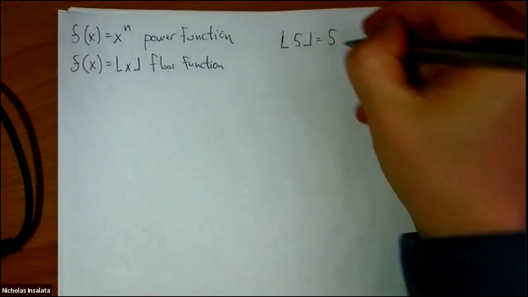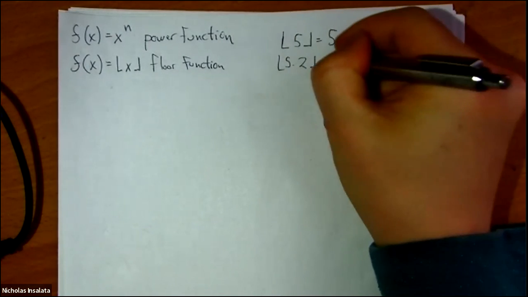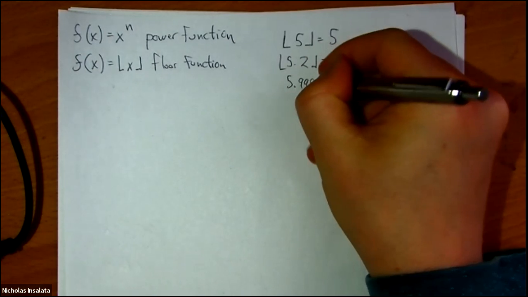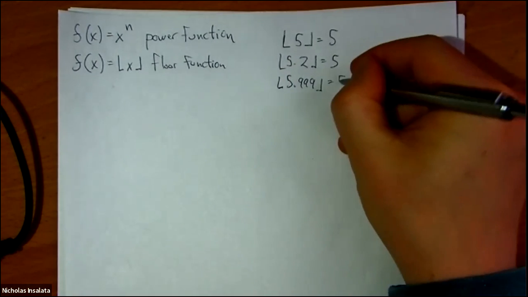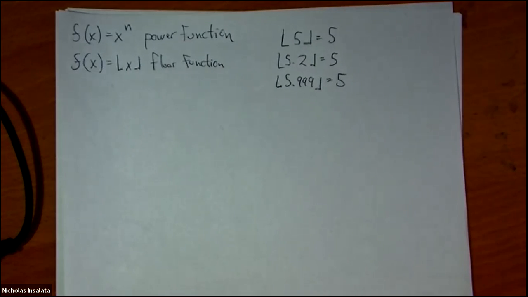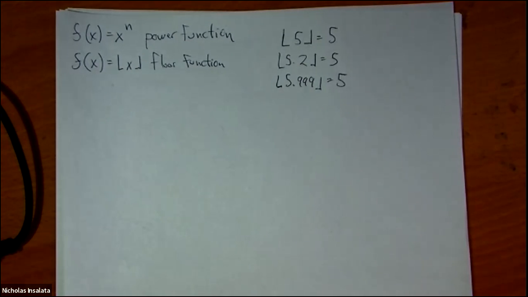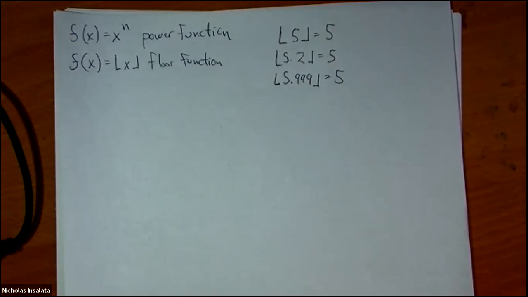Okay, what's the floor of 5.2? 5. What's the floor of 5.999? 5, right? So the floor means take the decimal, if it exists, and get rid of it, and just leave the whole number part in the front. So it's rounding down. It's rounding where you always round down.